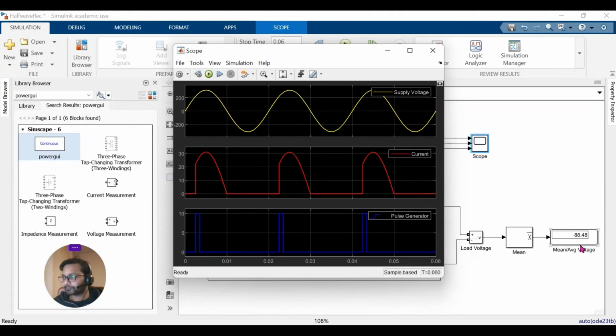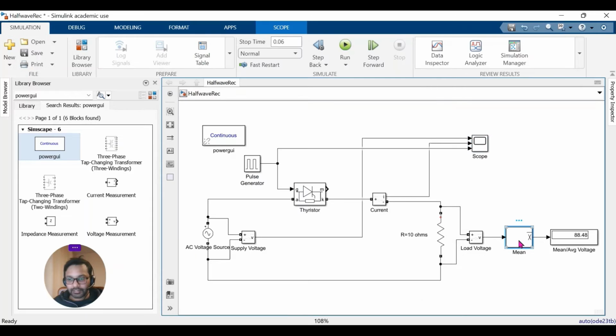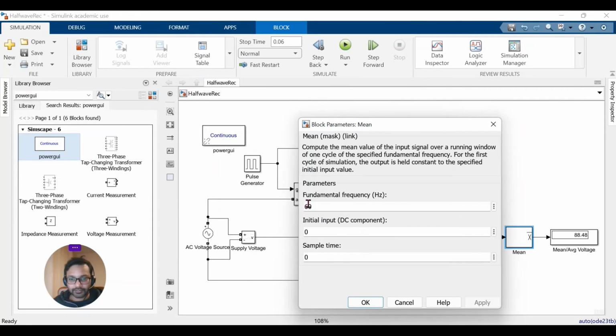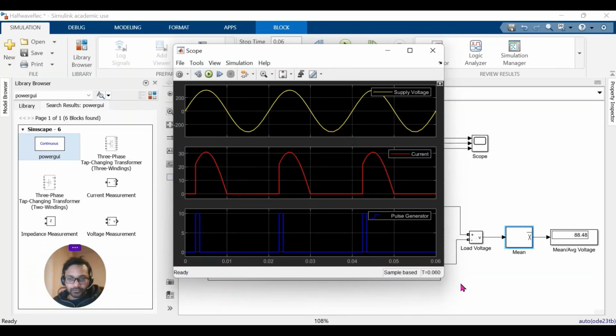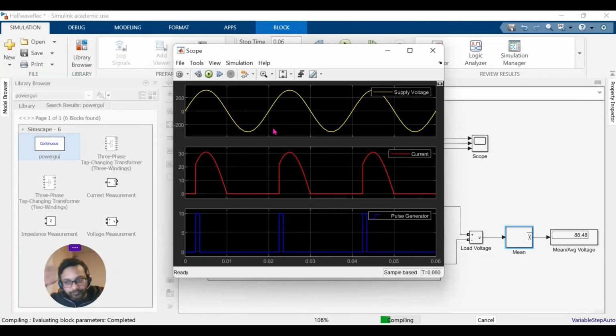Now one thing I think I've forgotten is to change the fundamental frequency. So don't forget to do that, and let's run the circuit again.